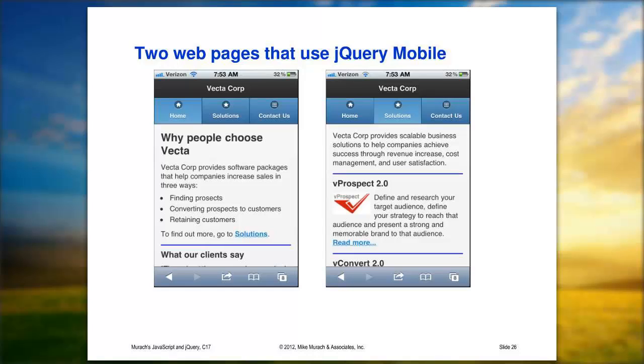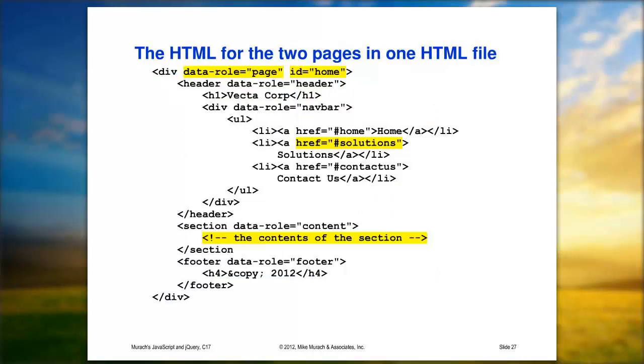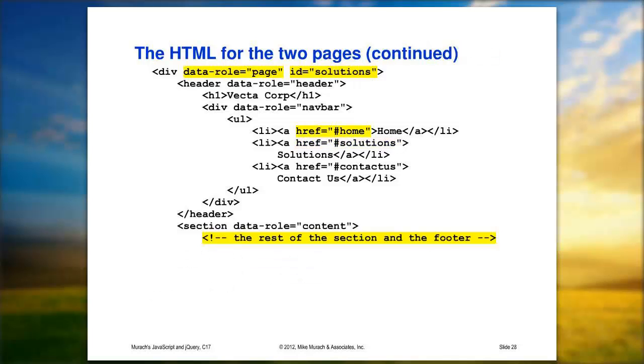The navigation is styled. Then we have the content, and then we have the footer. Okay, so here again, in the second div, data-role equals navbar. And then we have the content and the footer. And that's the rest of it.